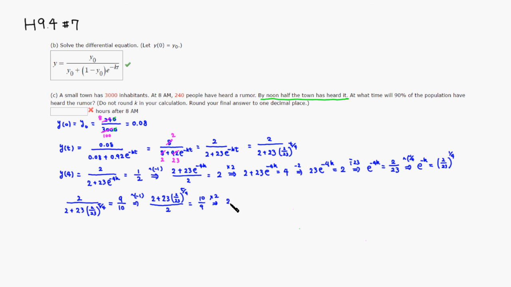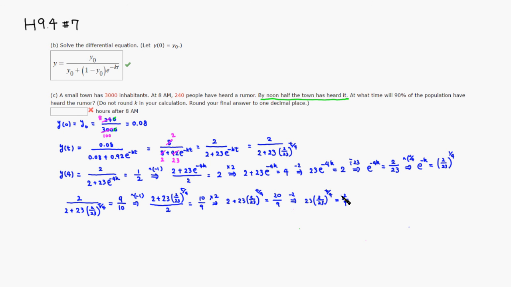Then you have 2 plus 23 times 2 over 23 raised to the t over 4, which is equal to 20 over 9. Then I'm going to subtract 2 from both sides. Then you have 23 times 2 over 23 to the t over 4 is equal to, 2 is 18 over 9, so 20 over 9 minus 18 over 9, so it's 2 over 9.